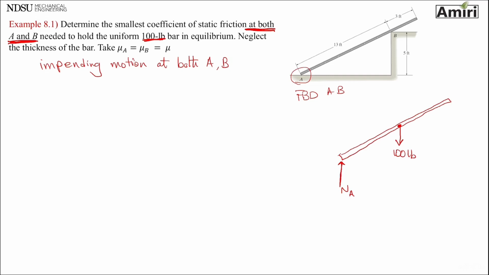And there's another point of contact at B, always perpendicular. So that one, I call that normal force at B. This one, the slope triangle for it is 12, 5, and 13. Okay.